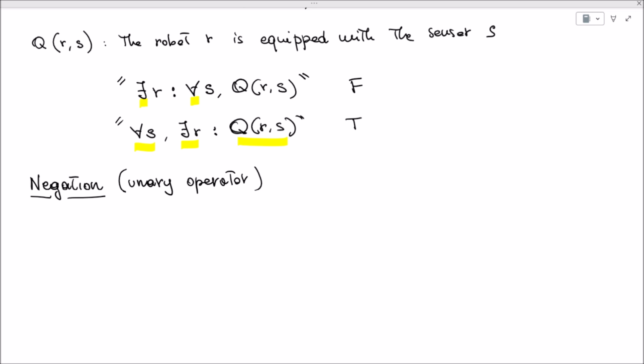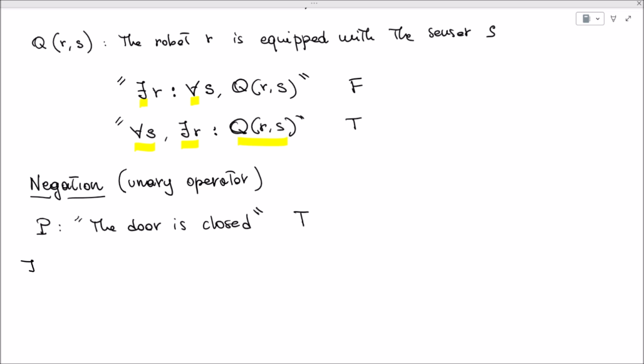Let me give you an example. Let's suppose that we have the proposition P, the door is closed. Now, let's suppose that this proposition is true.